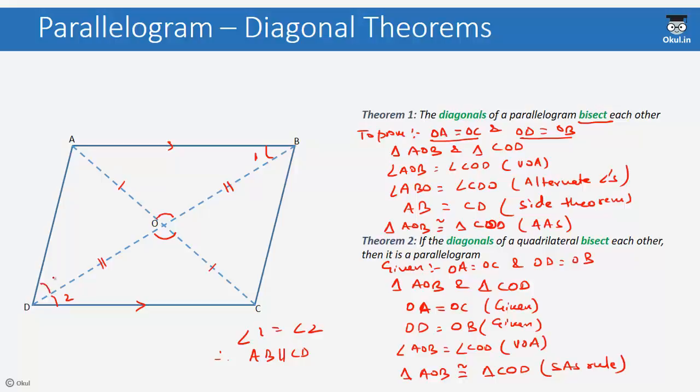Similarly, angle 3 is equal to angle 4. So I can say that AD is parallel to BC. Now since pair of opposite sides are parallel, we can say that ABCD is a parallelogram. Therefore, we have proved that if diagonals of a quadrilateral bisect each other, then it is a parallelogram.